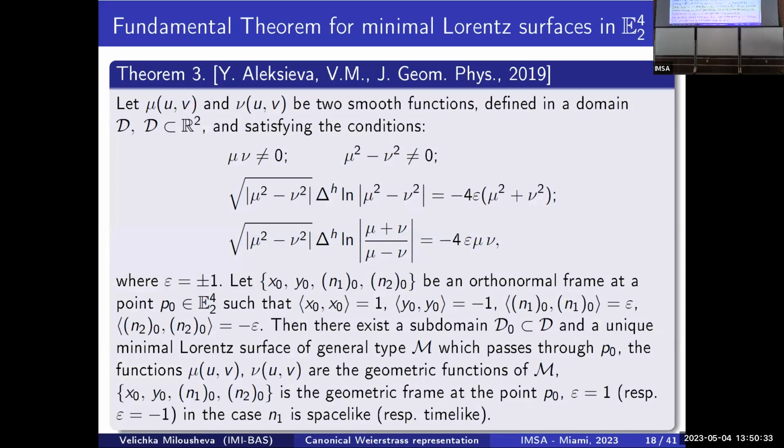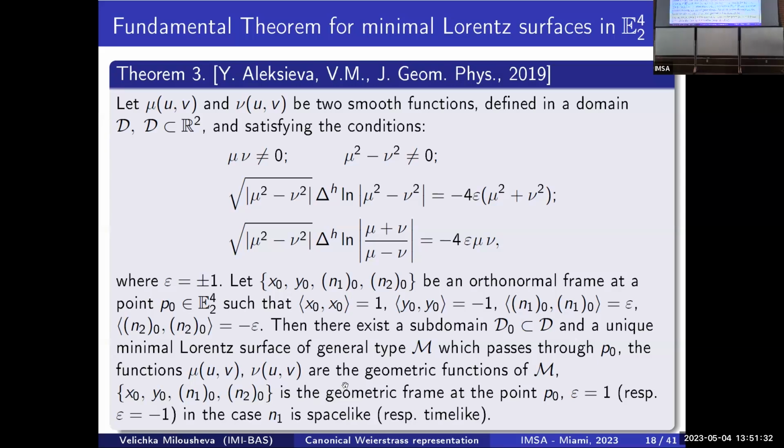The theorem states that if we are given two smooth functions, mu and nu, defined in some domain D, and satisfying the conditions which are given here, actually two differential equations and these conditions of non-triviality on the first line, and if we are given an orthonormal frame at a fixed point P0, such that the first vector is space-like, the second one is time-like, and the first normal vector has sign epsilon equal to plus or minus 1, the other one respectively minus epsilon, then there exists a subdomain D0 and a unique minimal Lorentz surface of general type which passes through this given initial point. And these two functions, mu and nu, are the geometric functions of the surface.